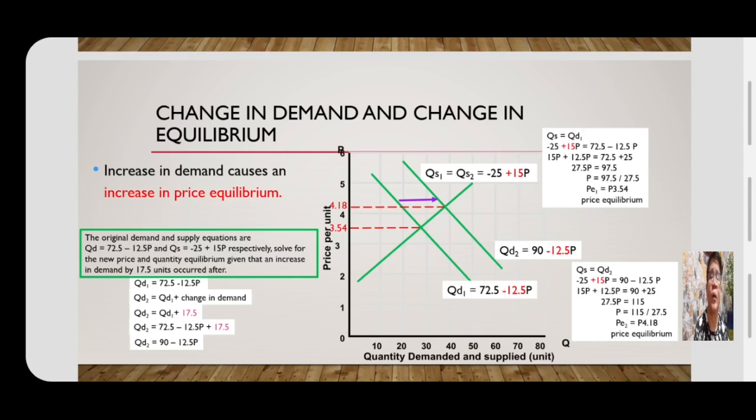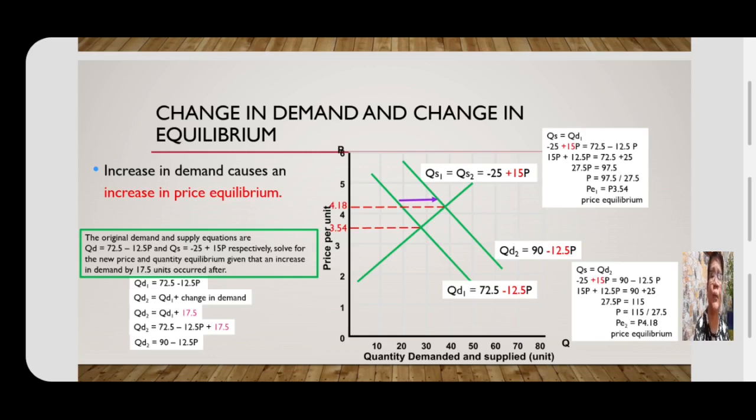What is stated here is that because of the change in demand, there is now a change in demand by a particular amount, and specifically in this problem, an increase in demand by 17.5. So how are we going to interpret this in our equation?